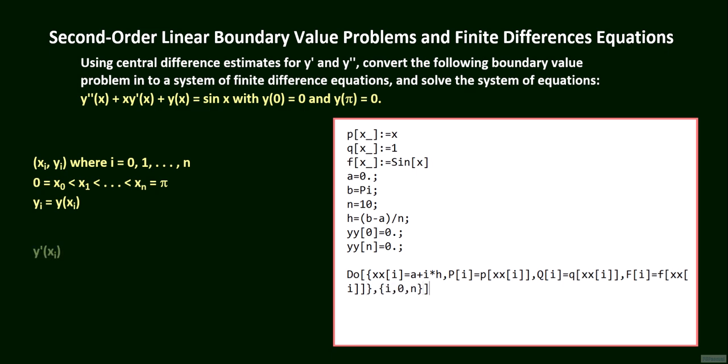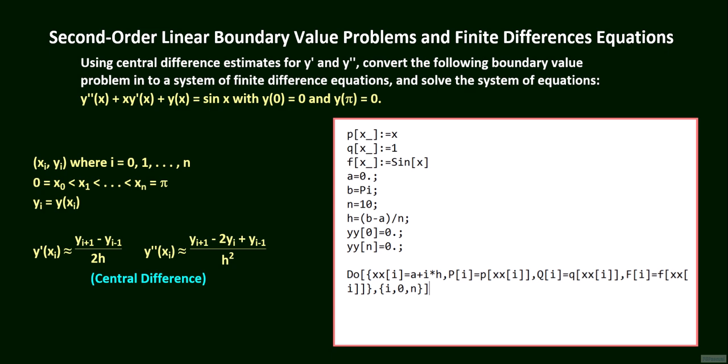We approximate y'(x_i) by (y_{i+1} minus y_{i-1}) all over 2h, and y''(x_i) by (y_{i+1} minus 2 y_i plus y_{i-1}) all over h squared. These are central difference estimates for y' and y''.